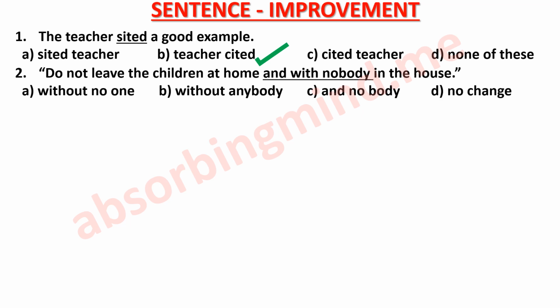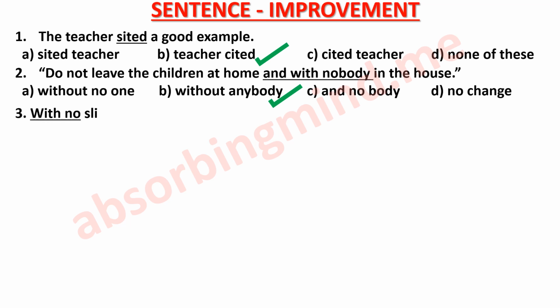No change means the sentence given is correct. The underlined part is saying there is some mistake, or you can say that we can improve the part of the sentence that is underlined, and with nobody. And the correct option is without anybody. That means do not leave the children at home without anybody in the house.